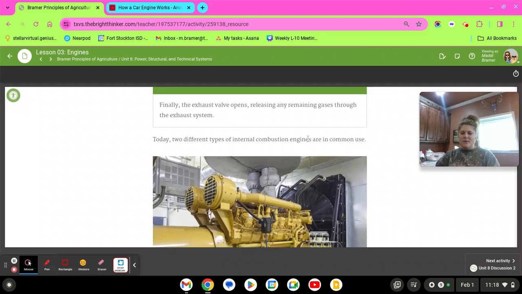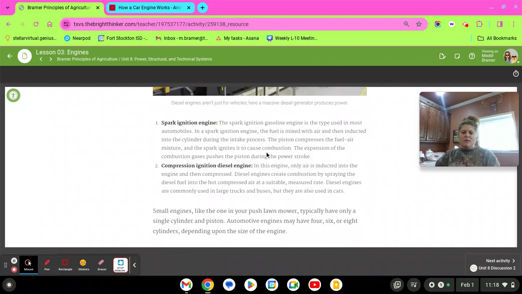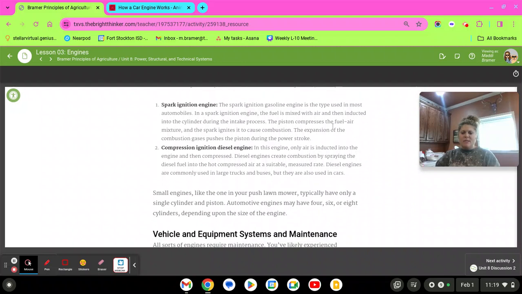Today, 2 different types of internal combustion engines are in common use: spark ignition and compression ignition diesel engine. So spark ignition is a gas engine. It's usually used in automobiles. And the fuel is mixed with air and then inducted into the cylinder during the intake process. Piston compresses the fuel air mixture and the spark ignites it.